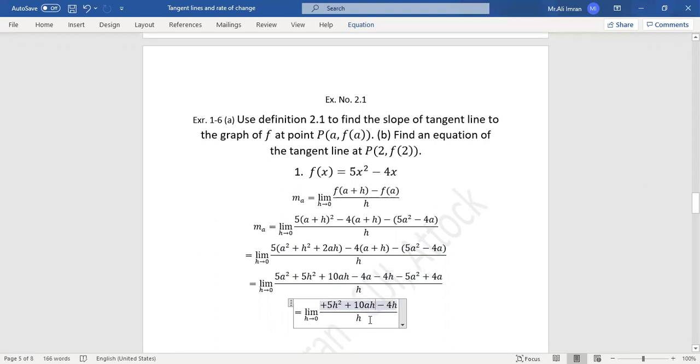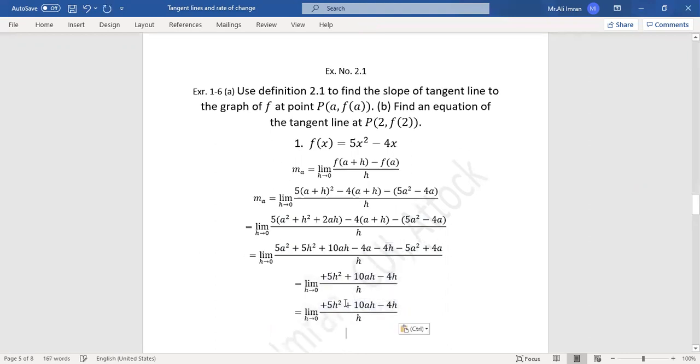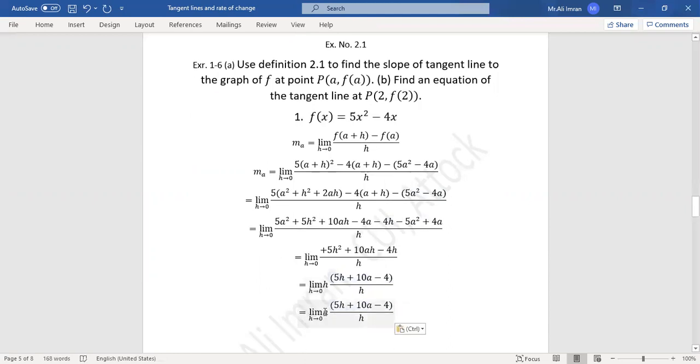Taking h common from the numerator, h square will be changed to h, 10ah will be 10a, and 4h will be 4, and cancelling h we will have 5h plus 10a minus 4.